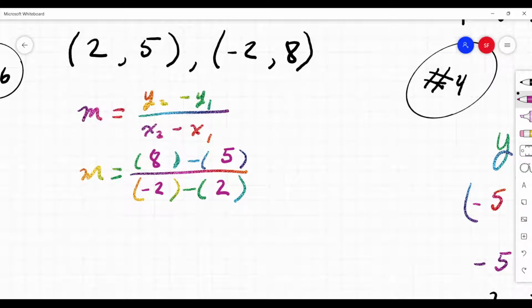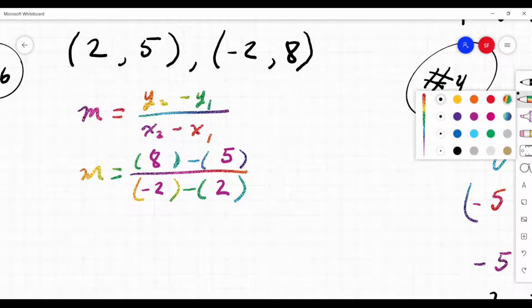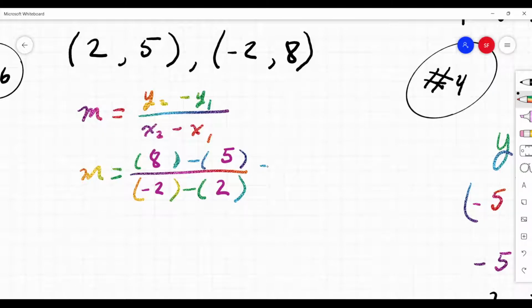Yeah, because I can math. Okay. So for our m, we end up with what? -3/4. -3 over -4. Does that become positive because they're both? Oh yeah, positive. Yeah, you're right.